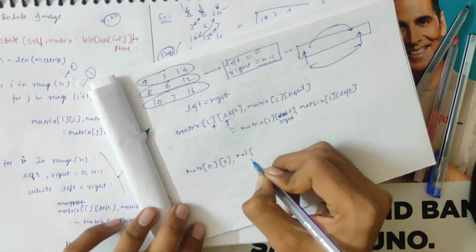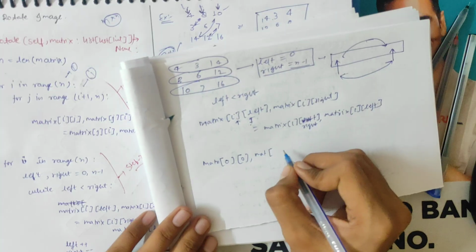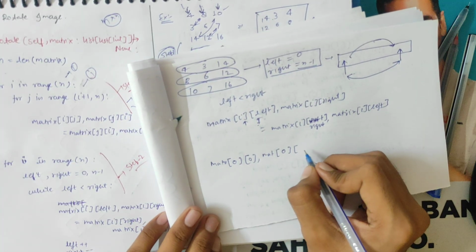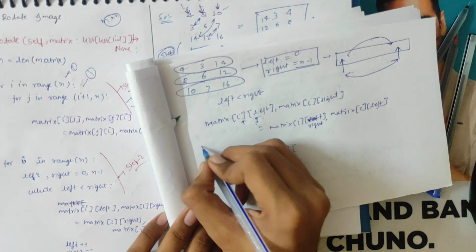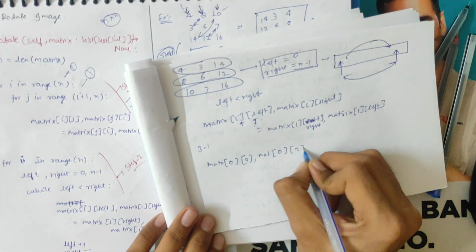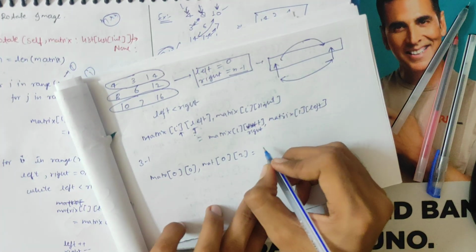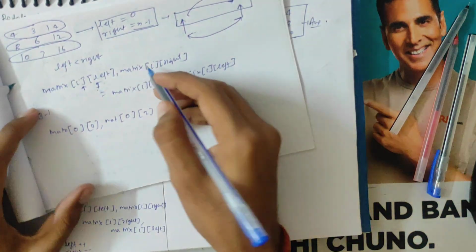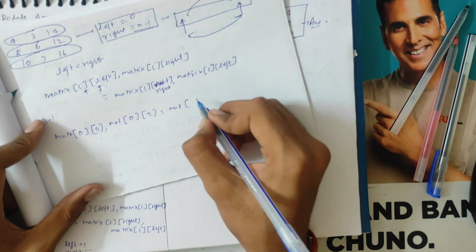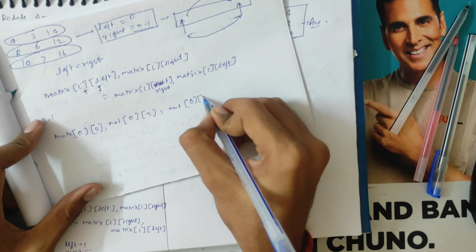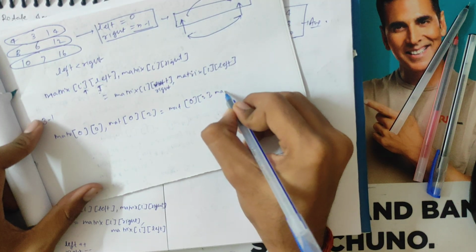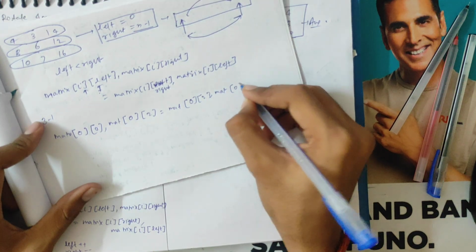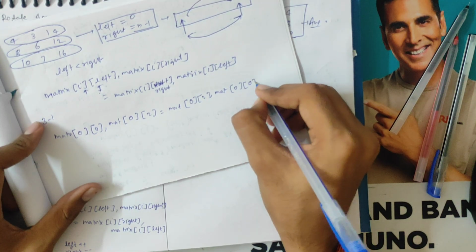Matrix i is 0, right is n minus 1, so n is 3 here, so 3 minus 1 means 2, and matrix i comma right, so i is 0, right is 2, and matrix i comma left, so i is 0 and left is 0.